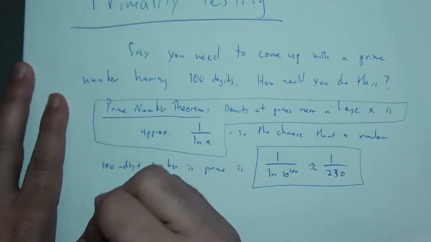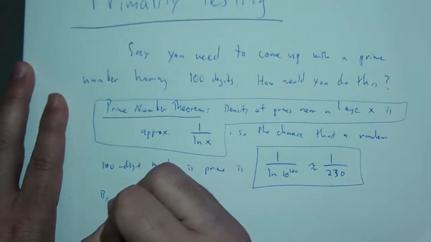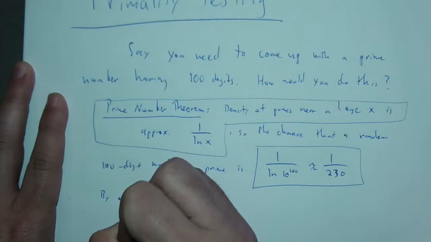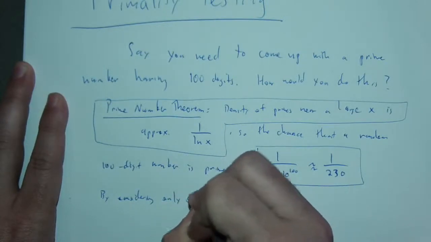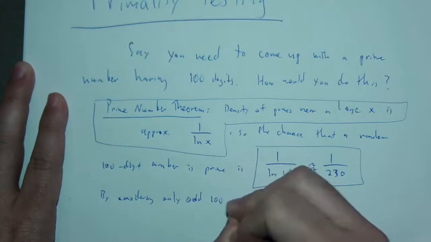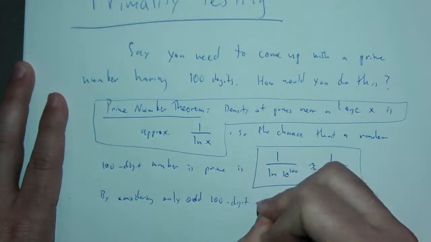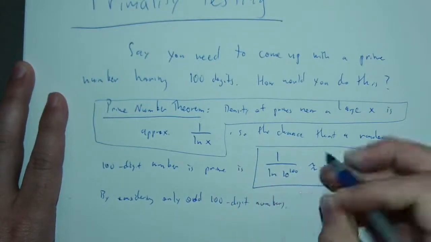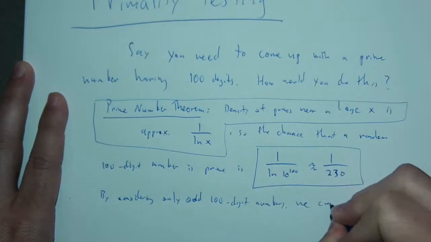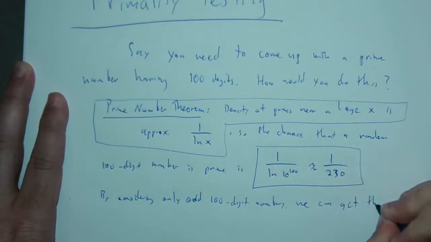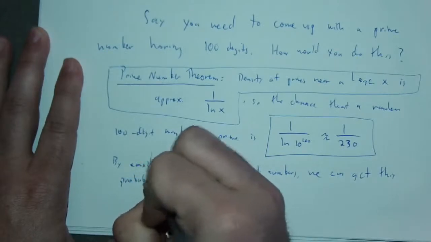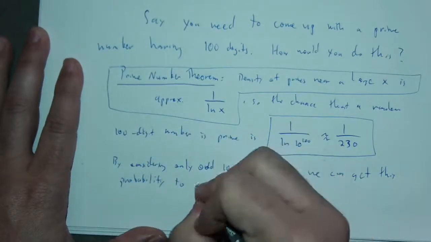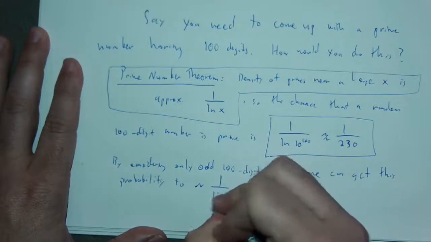So by considering only odd 100-digit numbers, we can get this probability to roughly 1 in 115.